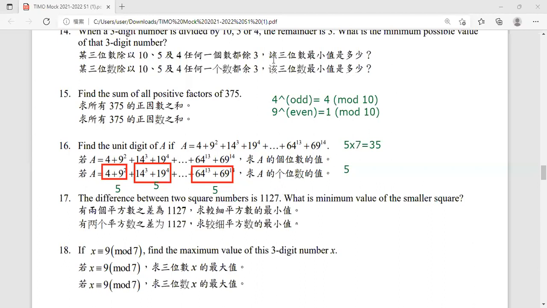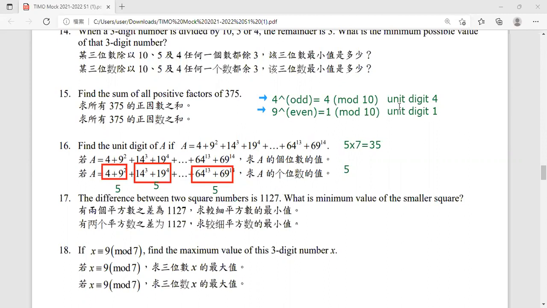Now you have to take these two facts, which means that 4 more 10 means unit digit 4. 1 more 10 means unit digit 1.